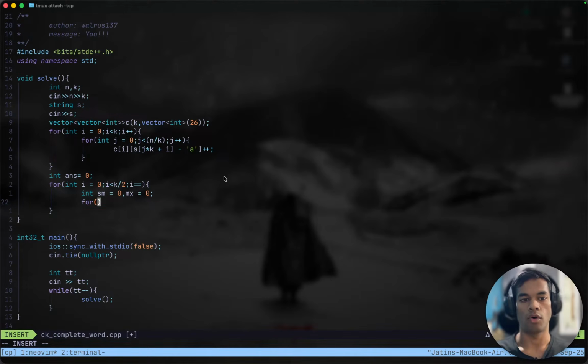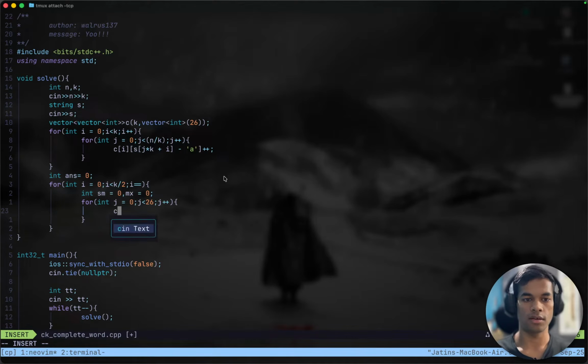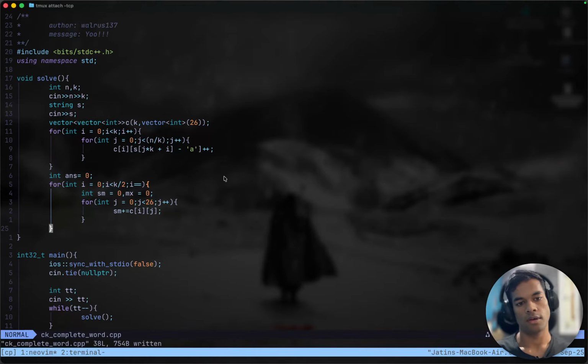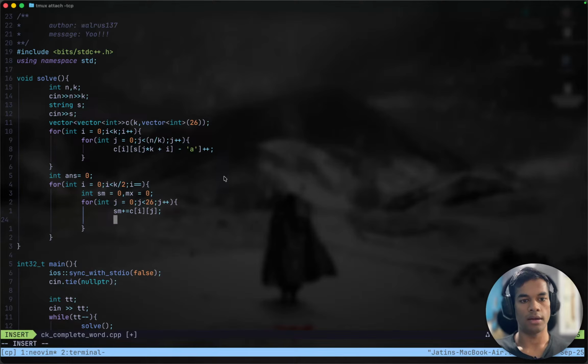Yes, and for int j from 0 till j is smaller than 26, j plus plus, we will go through ci bracket j, we will add this to sm plus equals cij, and also the character at the opposite side, sm plus equals c n. If I is the current character, then what is the character at the opposite side?